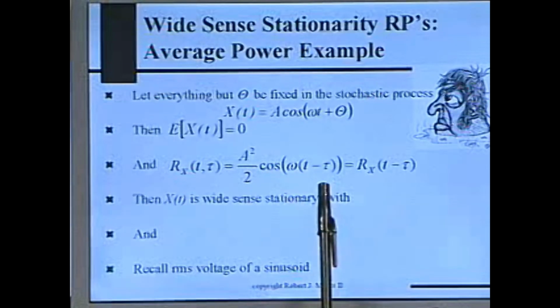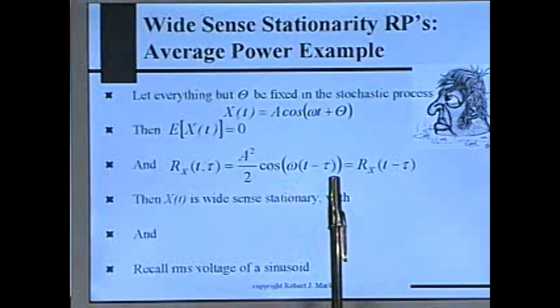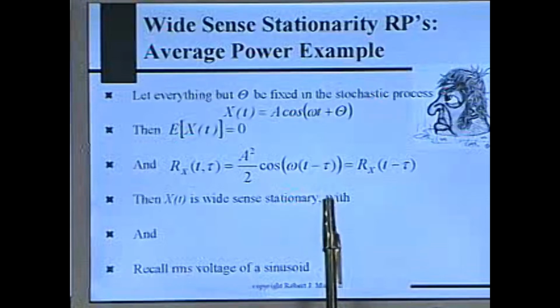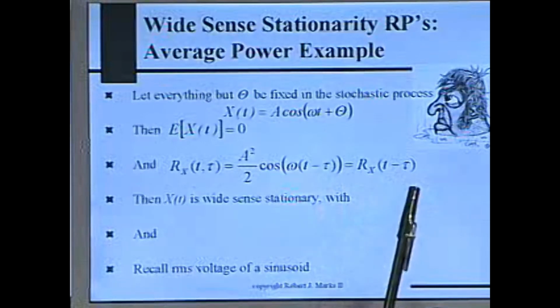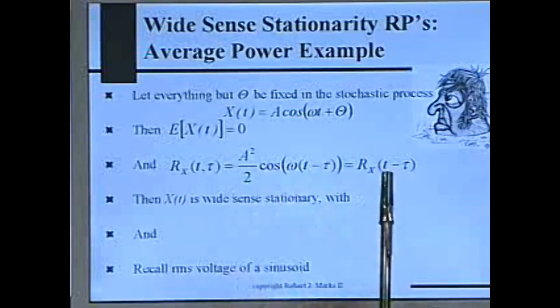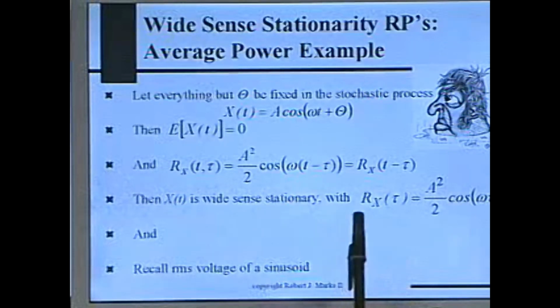If you see the autocorrelation, and everywhere there's a t, there's a minus tau associated with it, and everywhere there's a tau, there's a t minus it, if they always occur like this, then this is just a function of t minus tau, and by definition, this is a wide-sense stationary stochastic process. The expected value of x(t) x(t plus tau) becomes the autocorrelation. So that means that x of t is wide-sense stationary, and it has an autocorrelation.